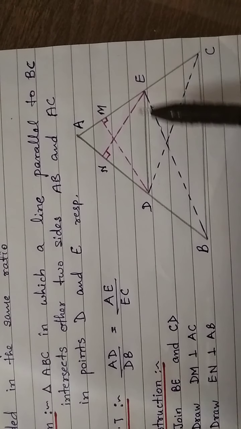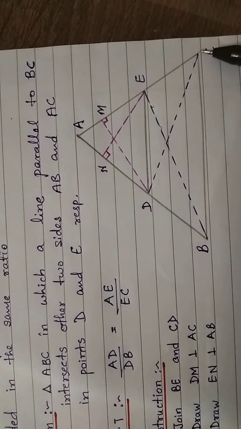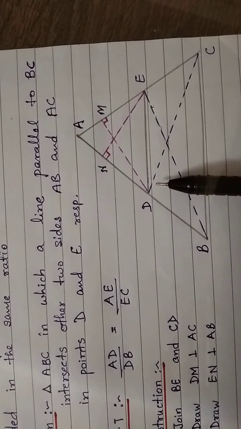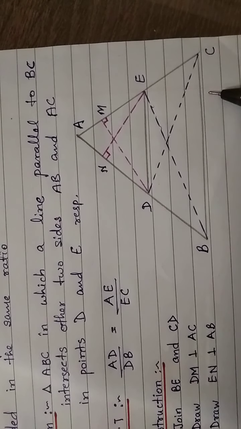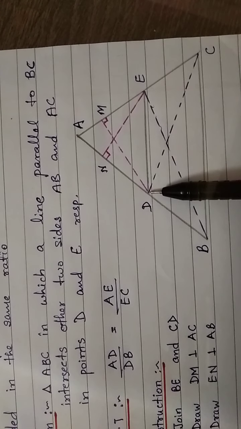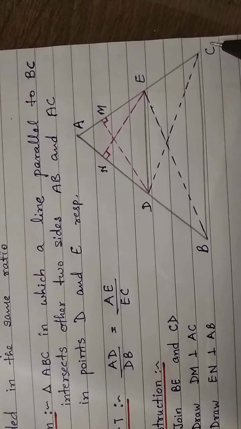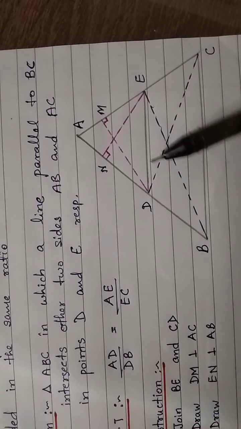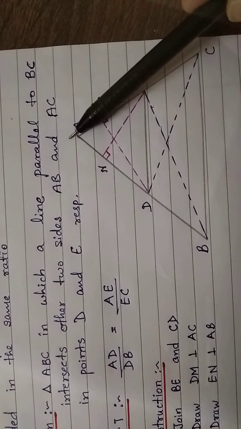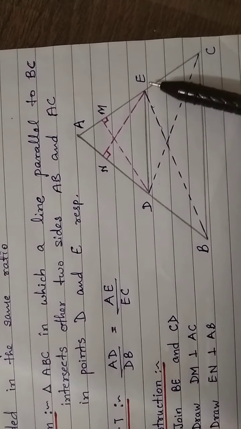Let us understand it from the figure. If we have a triangle ABC in which I draw DE parallel to one side of the triangle, that is, if I draw DE parallel to BC, then this DE intersects AB in the point D and AC in the point E. Then the theorem says that this parallel line DE divides the other two sides of the triangle in two ratios, that is, AD upon DB and AE upon EC.